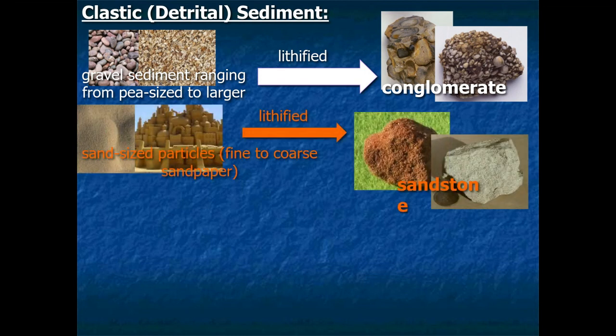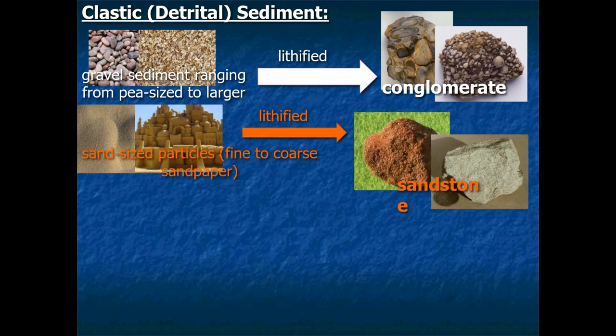We can look at sand size particles, and remember, or at least know, that when we say sand, we're talking about a size range. Typically sand ranges from 1/16 of a millimeter to 2 millimeters. A good example of sand size material is beach sand.